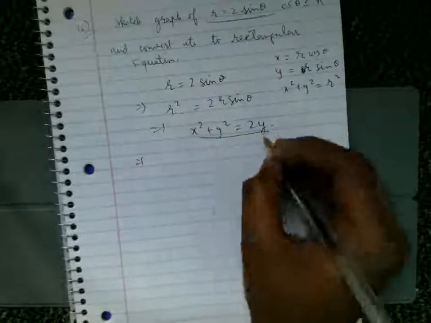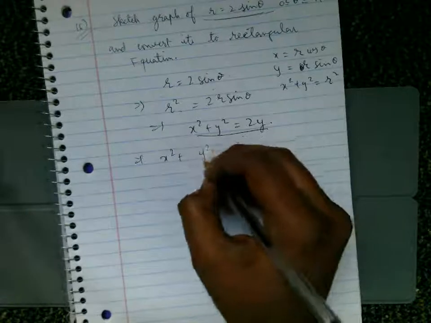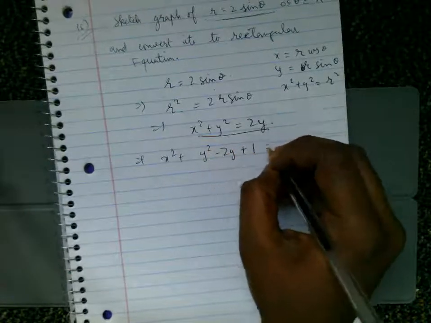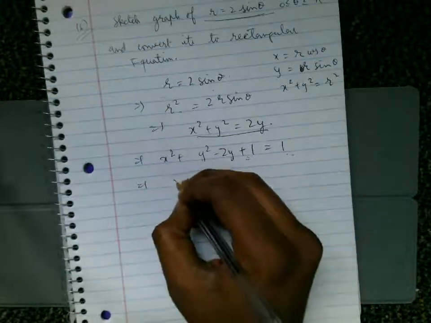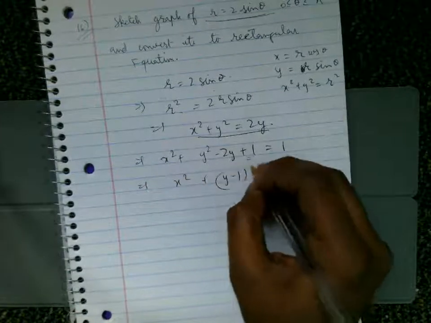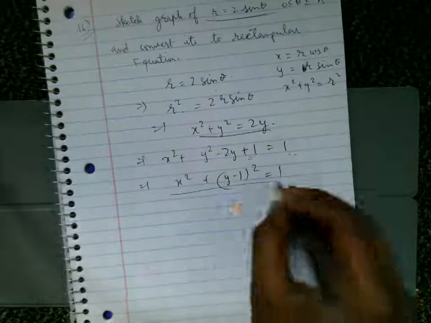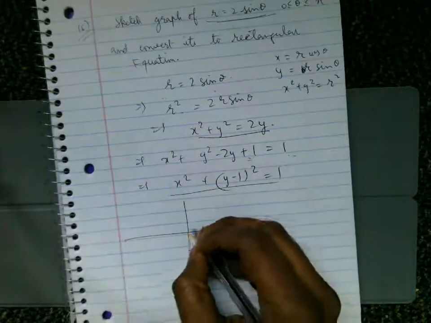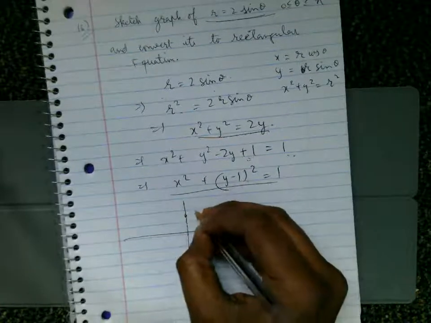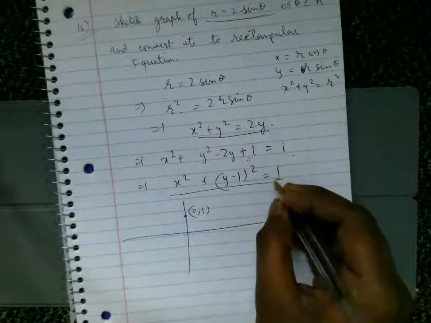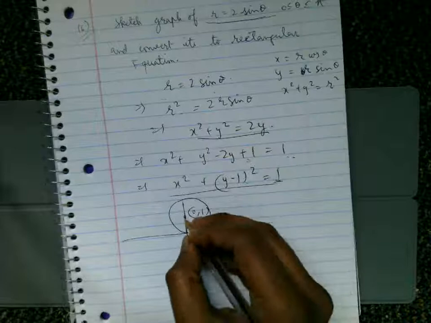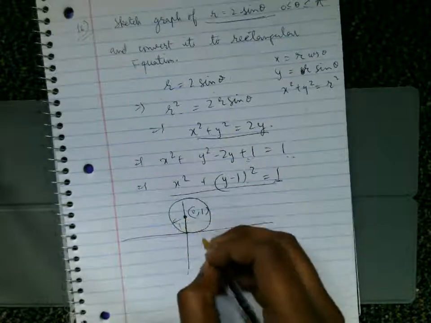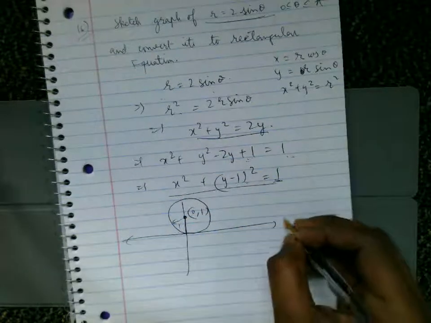And now this is the equation of a circle. You just have to write it in some way. Just adding 1 on both sides, you get this, which can be written down as this. So now this is a circle with center at 0 comma 1 with radius 1. So therefore it is a circle with center here and radius 1, which is tangent to the x-axis.